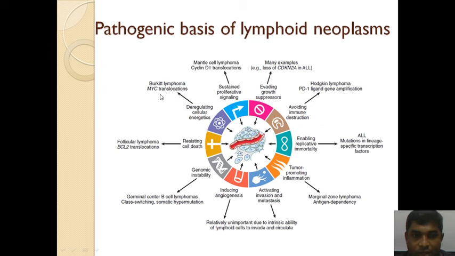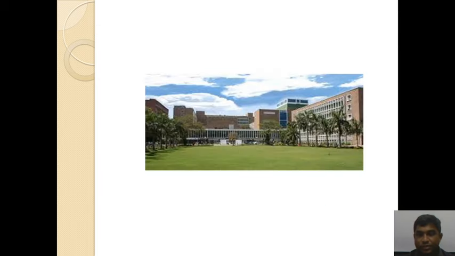You have BCL2 translocations in follicular lymphoma which resist cell death, leading to increased cell survival. And cyclin D1 translocations in mantle cell lymphoma, leading to sustained proliferative signals. So each lymphoma has specific underlying pathogenetic abnormalities which help in the proliferation of these lymphomas and also help us in diagnosis of these lymphomas.